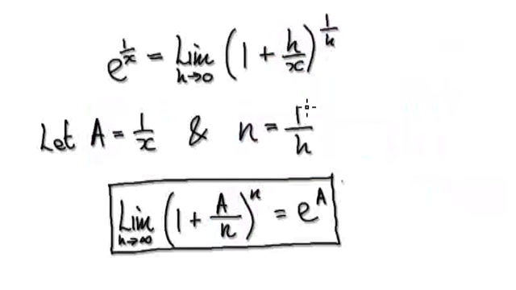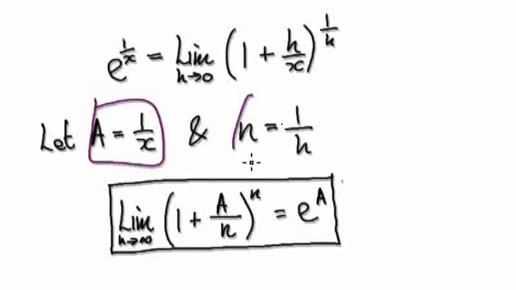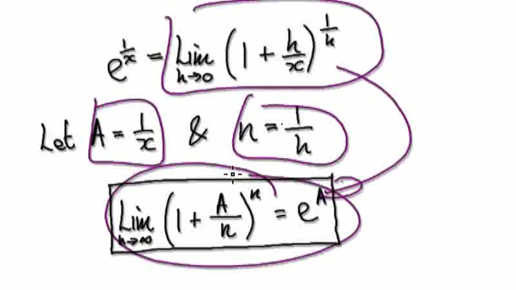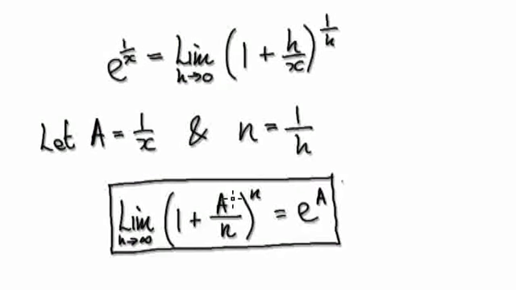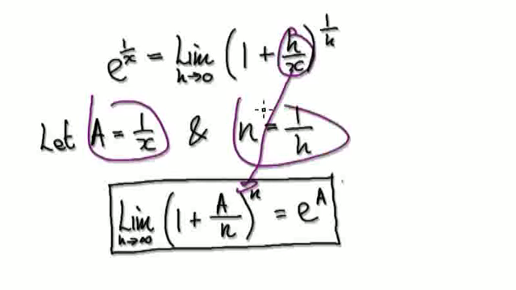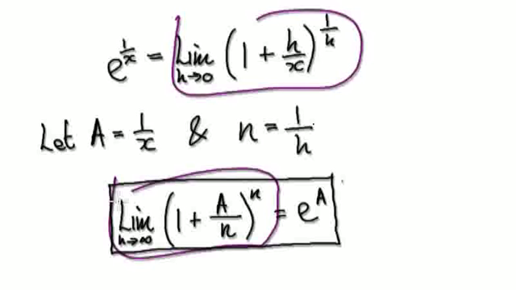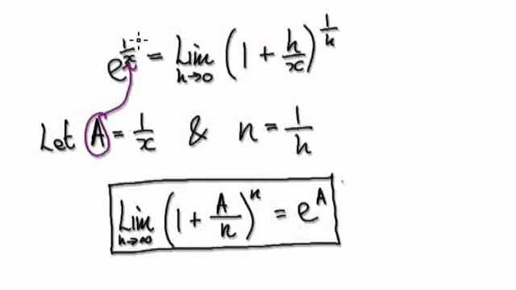Well, you probably have to think about it yourself. If you make this substitution and this substitution, this whole thing here will become this. So we've shown that any constant here, as n heads towards infinity, will be e to the power of that same constant. Think about it for yourself. Make this substitution, make this substitution. And then this a here, you put into here, that's this a here. Okay?